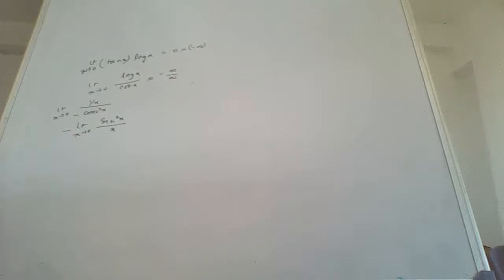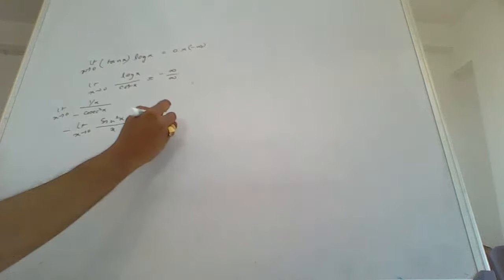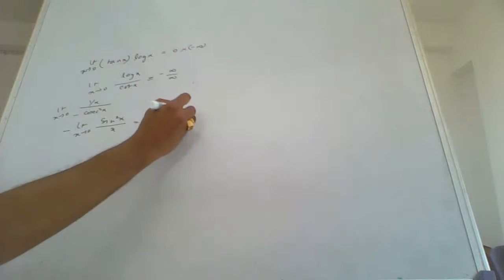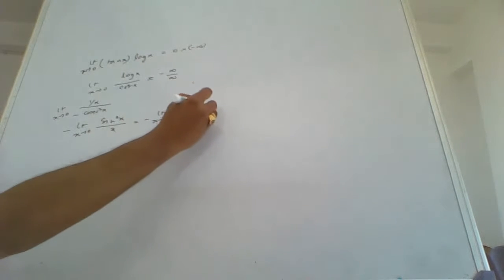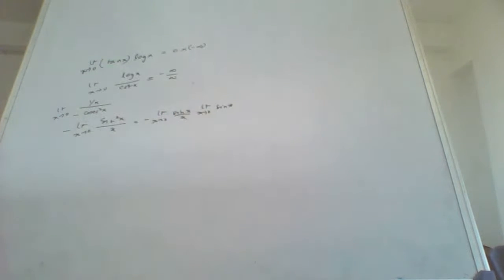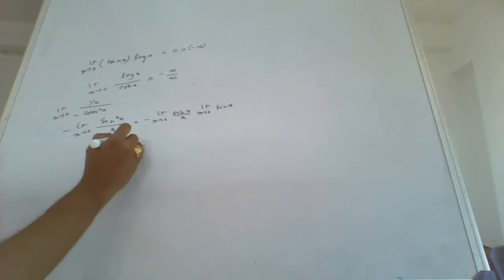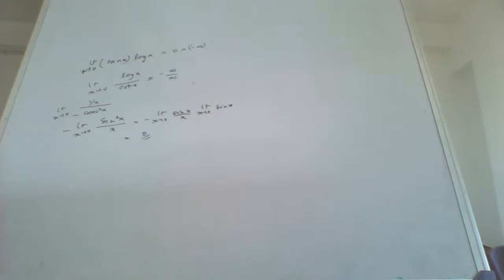If I take the minus outside and separate it, I can write this as minus limit x tends to 0 of sin x by x, times limit x tends to 0 of sin x. We know the first is 1, and sin 0 is 0. So I will get 0 as a result.